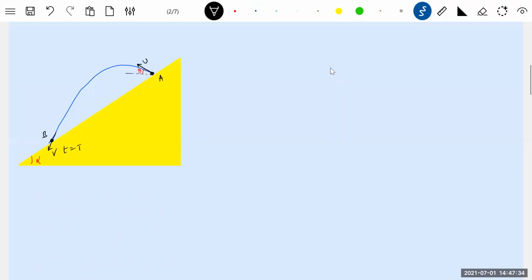Now look at that theta with respect to horizontal, because in the previous problem also the angle of projection we defined with respect to horizontal, now also the same thing.